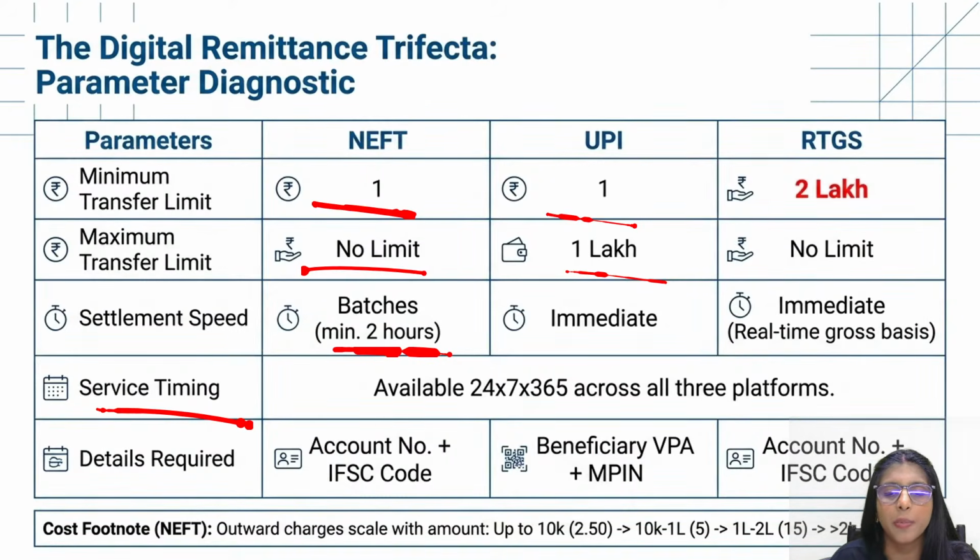Settlement is immediate. Service is available 24 hours. What details are required? Beneficiary VPA plus MPIN.